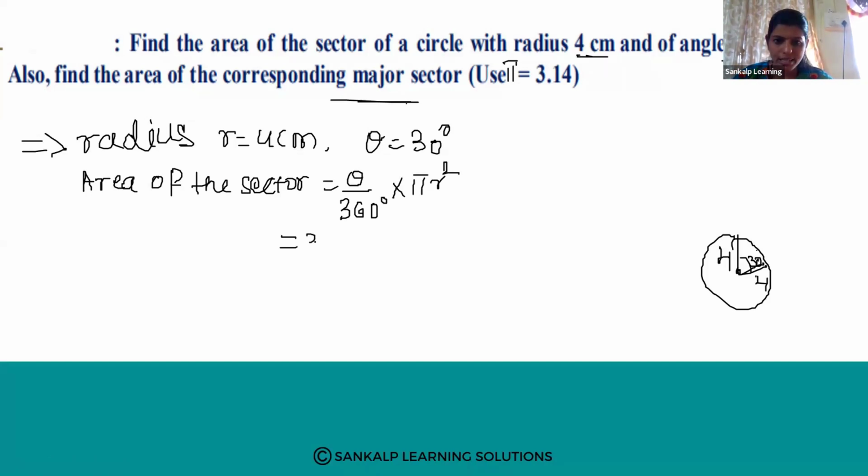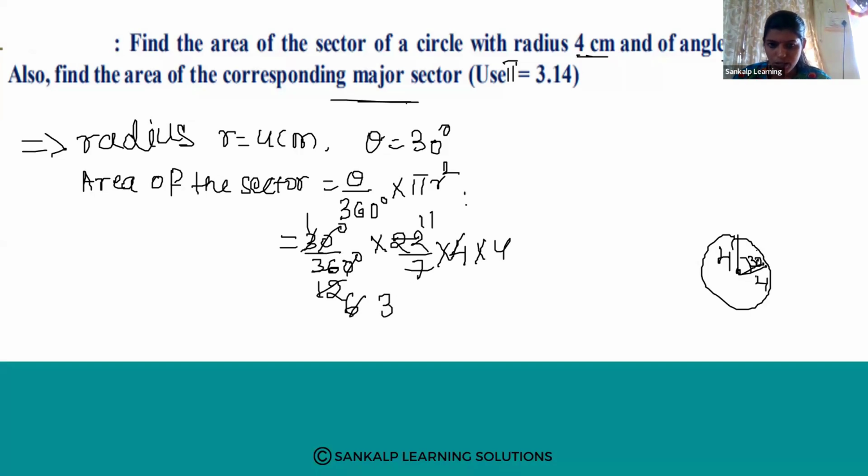So theta is 30 degree divided by 360 degree, into pi value 22 divided by 7, and r value is 4 into 4. Now the zeros get cancelled: 3 ones are 3, 3 twos are 6, and so on, giving 3 over 12, then 1 over 3 2.